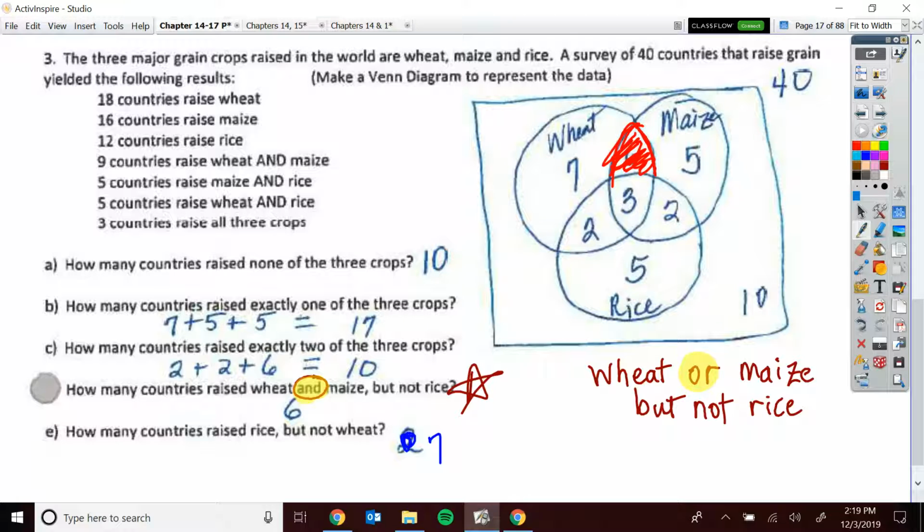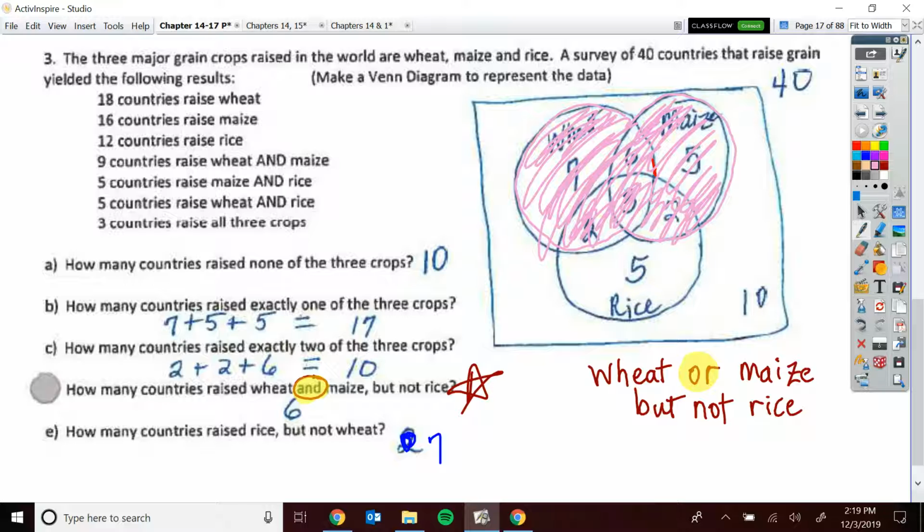But let's take a look. What would it have looked like if we had done this one here, wheat or maize? What would have been that section shaded in that case? Is this or that or all? So or would have shaded all of the wheat or maize or both.